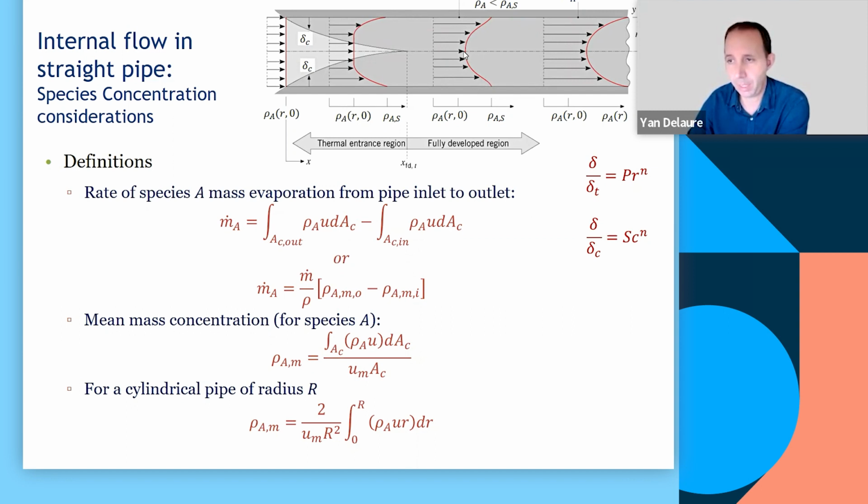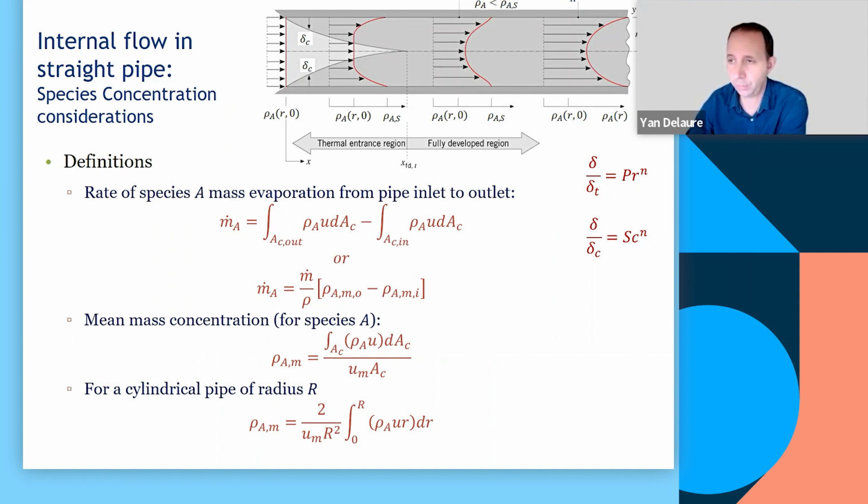The minimum value, which is at that point, will also increase. And that's for the case where rho A at the surface is greater than rho A in the fluid. So you end up diffusing and transporting that mass of species A into the pipe from the boundary. So that curve, which is initially perhaps quite curved like that, will gradually flatten more and more. And if the pipe is extremely long, you'll end up with just a vertical line.